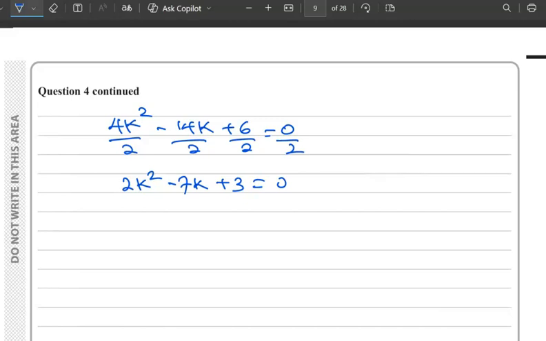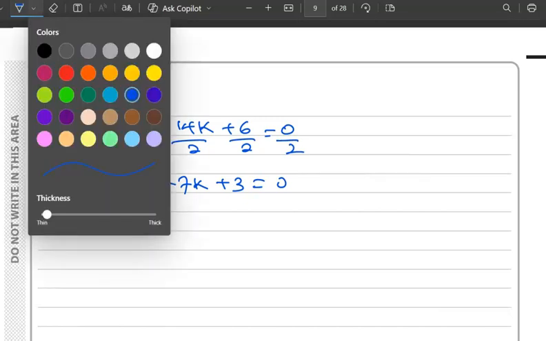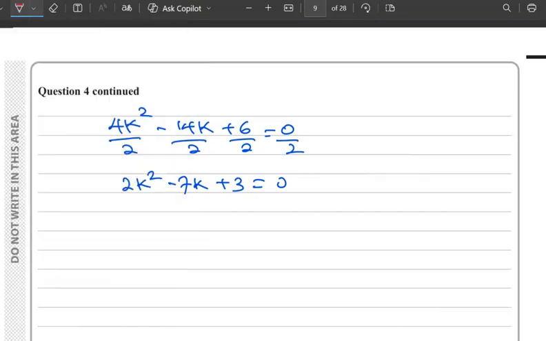So what we have here, the middle term, we have negative 7k, so we'll be looking for two numbers whose sum is negative 7, and the product is simply 2 times 3, which is 6.